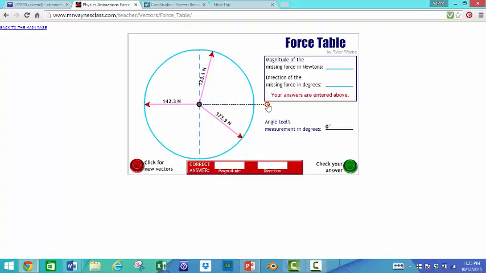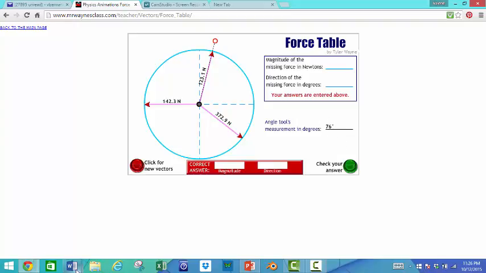All right, so here's what you do. Here's this cool little tool. It can actually tell you what angle these vectors are, and as you can see over here, angle tools measurement in degrees, and that's always measured from the 0 degrees right here. So you go up, and the magnitude of this one is 123.1 newtons at 76 degrees.